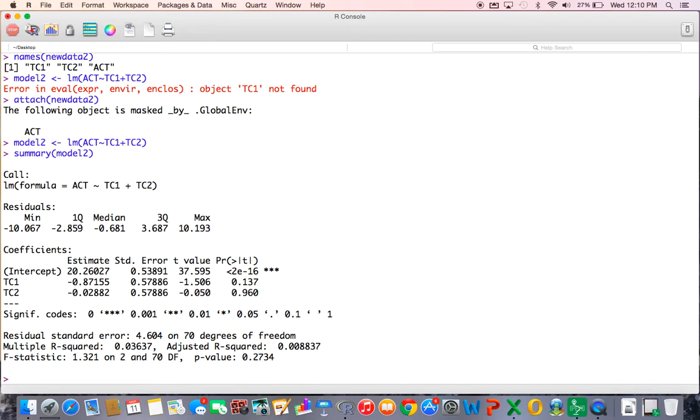and you can see that neither one of them turned out to be statistically significant, but you think about it, I randomly created those ACT scores, so you wouldn't think that there would be much relationship.